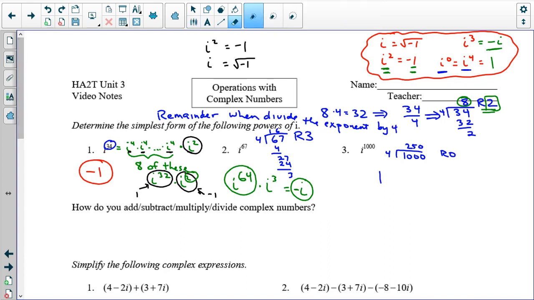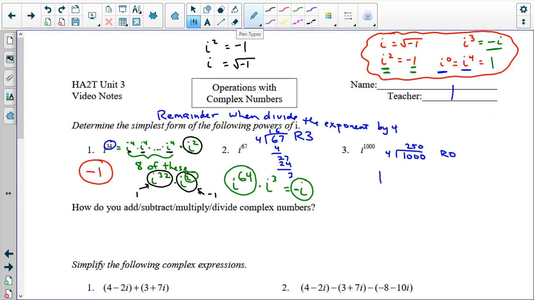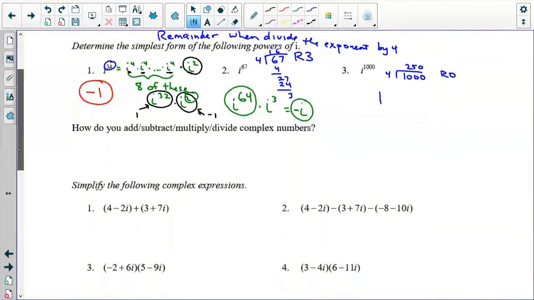And whatever the remainder is when you divide the exponent by 4, that is your answer. Well, I mean, it's not your final answer, but then you can look at what all of these i's mean, and then that can give you the final answer.